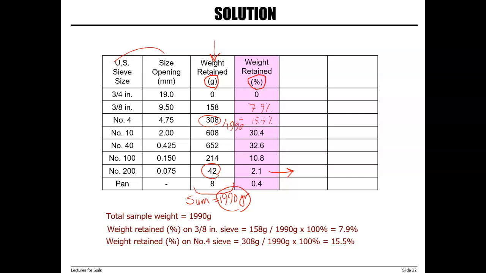We divide 42 by 1990 grams, multiply by 100, and we get 2.1% retained on sieve number 200. And that's weight retained in percentage.